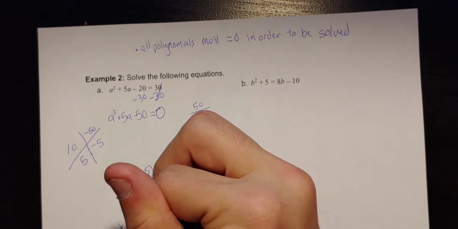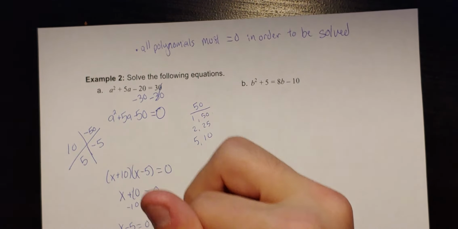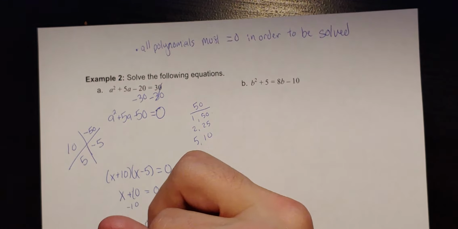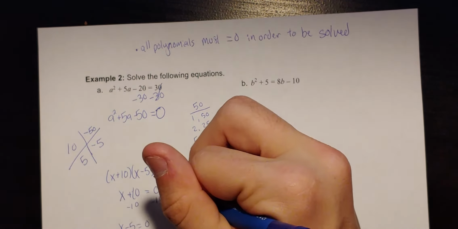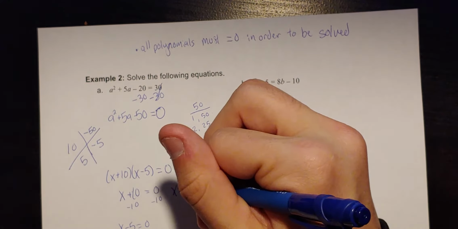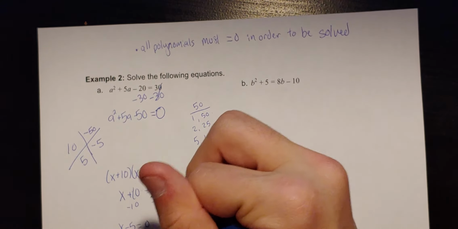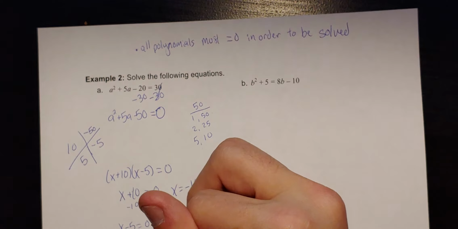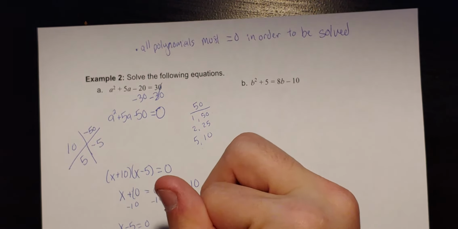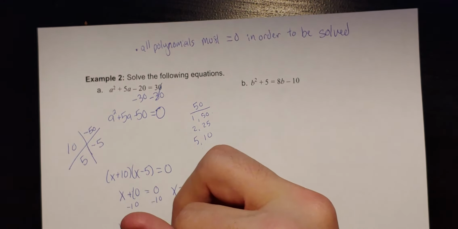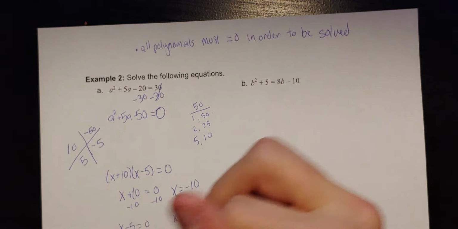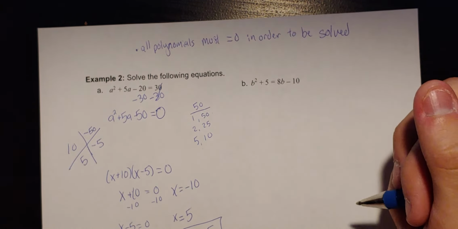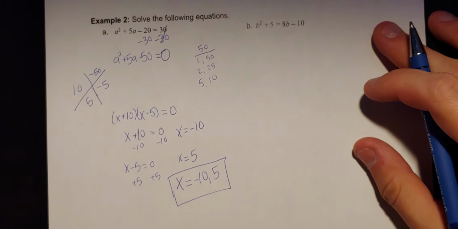I'm doing it just for the sake so that everyone can see it. So in the top equation, we get x equals negative 10. And then the bottom equation, we get x equals 5. And then I'm just going to rewrite that as x equals negative 10, comma 5, which I did not completely show.